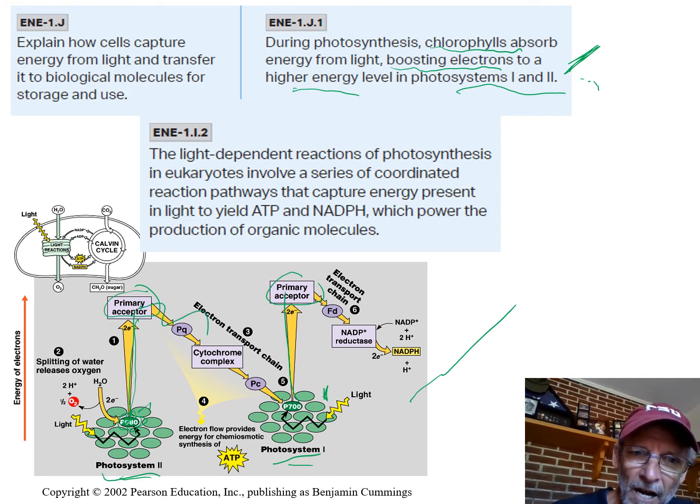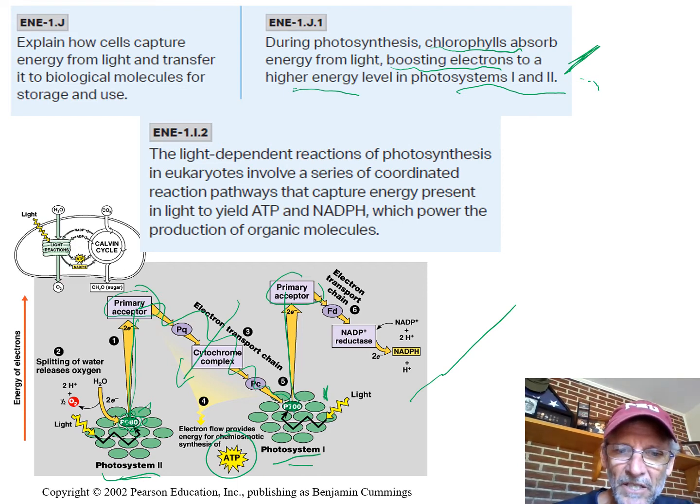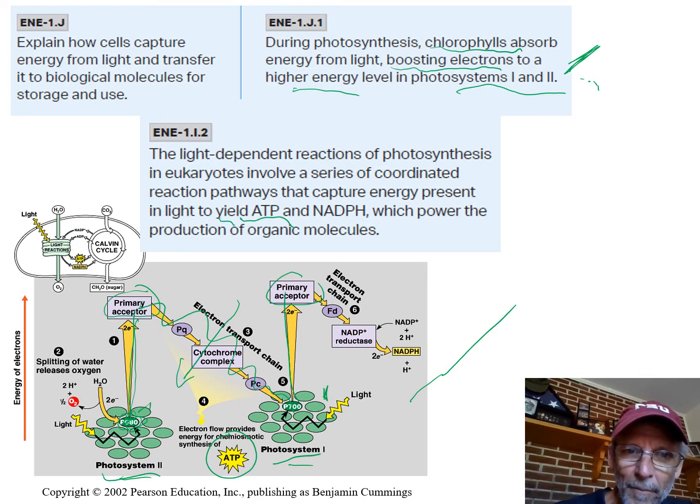These fall down an electron transport chain that pumps protons, and those pumped protons flow back through ATP synthase to make ATP. This is one of the products, yield, right, of the light reactions. And then this is the other product.